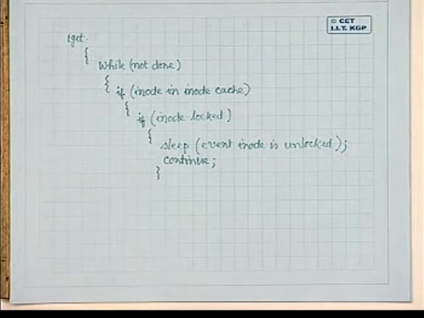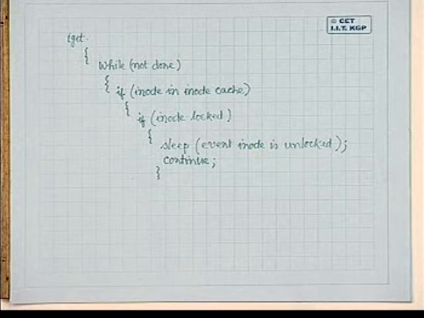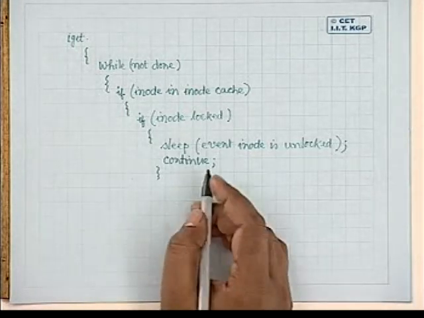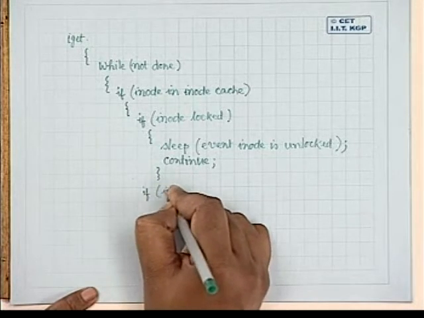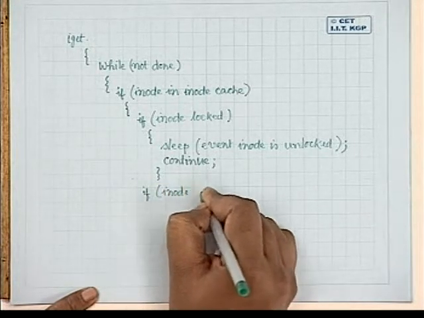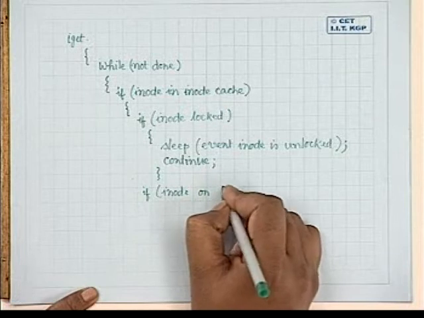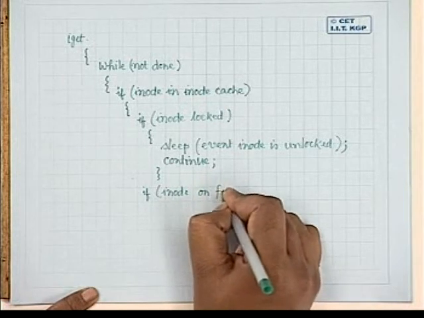If the inode is not locked, then again I can have two possibilities. The inode may be on the free list or the inode may not be on the free list. So first I have to check if inode is on free list or not.